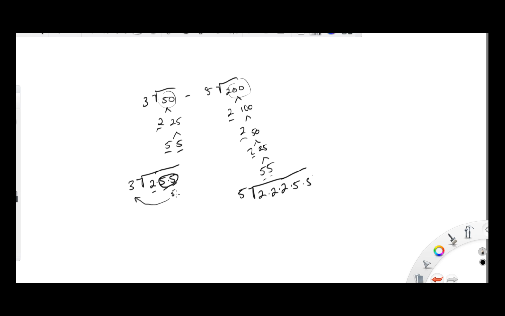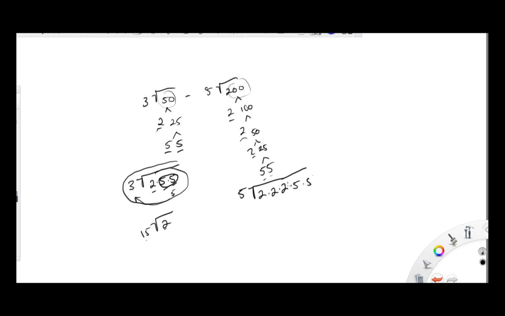So these two 5's become one 5, and we multiply it by 3, because anything inside the root, its root is only 5. So the root of 25 is 5. So we multiply 3 times 5, which is 15, to the square root of 2. So what we did was we took this and we reduced it to only 2 in the root, and now we have 15 on the outside.